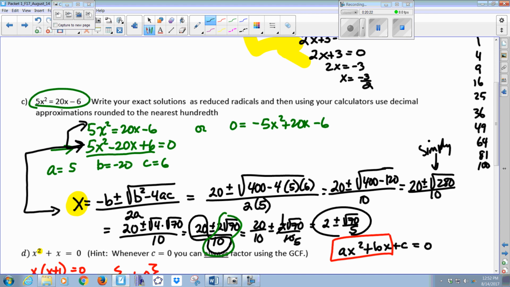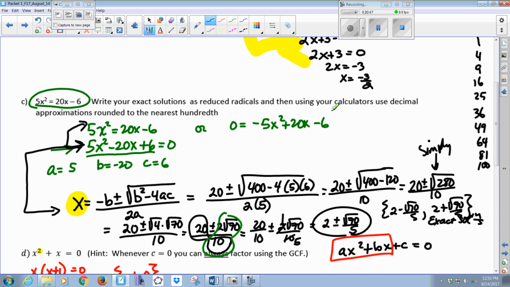So these are the two solutions. You would write them like this: 2 minus the square root of 70 all divided by 5, comma, 2 plus the square root of 70 all divided by 5. So these are what we call the exact solutions, and this is how you should always leave your answers unless we're working with an application problem, and I asked you to round it off.